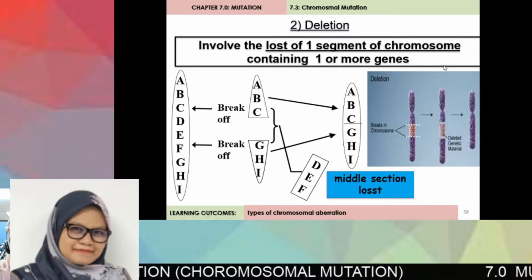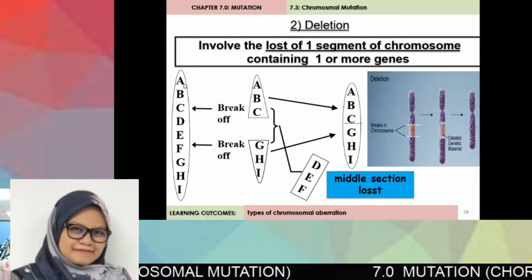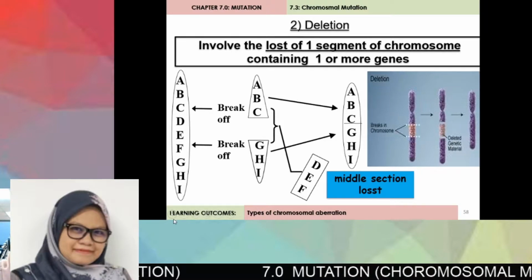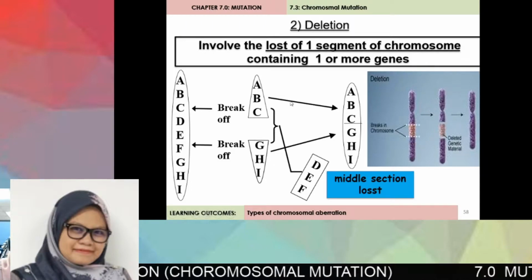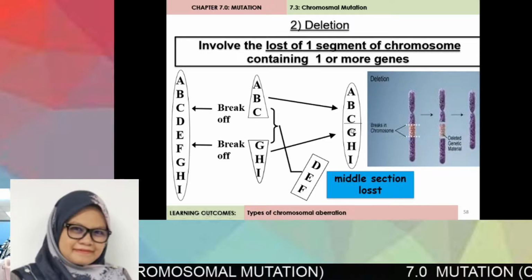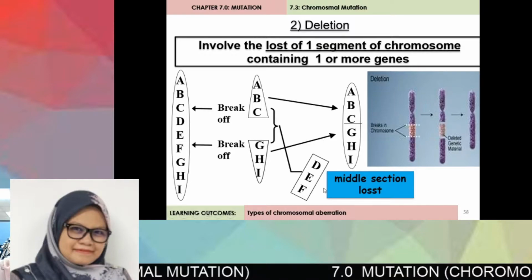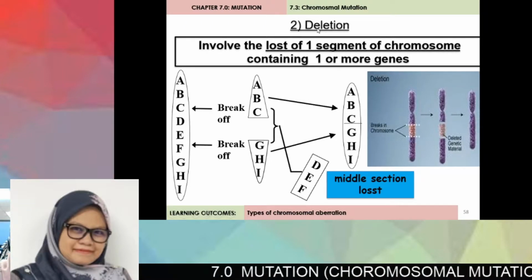So here is an example of the normal sequence, the normal segment of the chromosome: A, B, C, D, E, F, G, H, I. What happened is the segment of DNA is being lost, and then the new chromosome has segment A, B, C, G, H, I. So the segment D, E, F is lost. So this we call gene deletion.